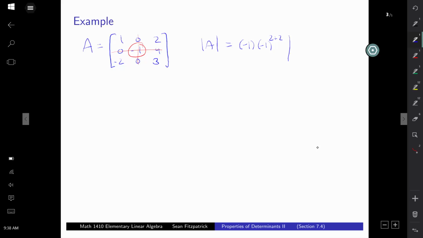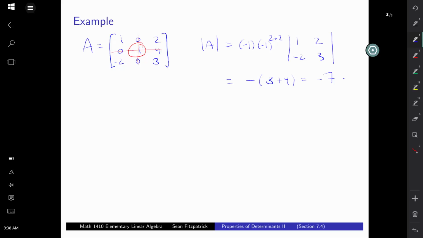There's my sign factor times this determinant: 1, 2, minus 2, 3. Okay, so I get minus, and here I get 3 plus 4. So I get minus 7 for the determinant.